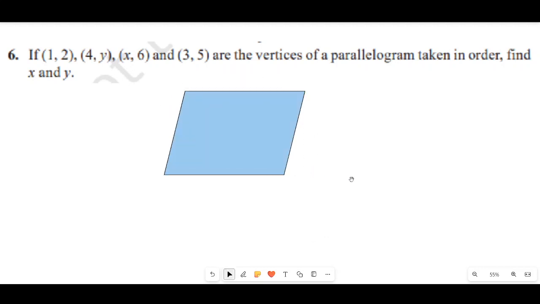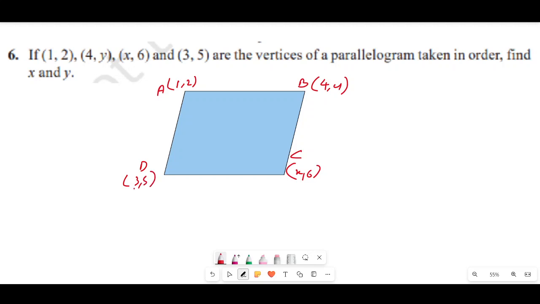This is a parallelogram. Now the coordinates are given: this is (1, 2), this is A, this is B, (4, y), this is (x, 6), this is C, this is D, (3, 5).